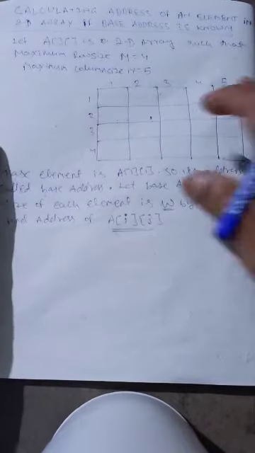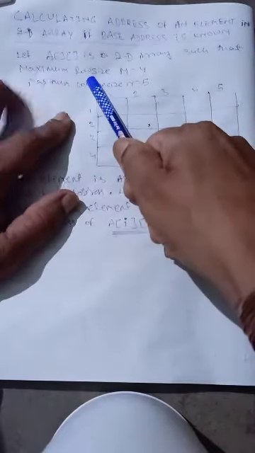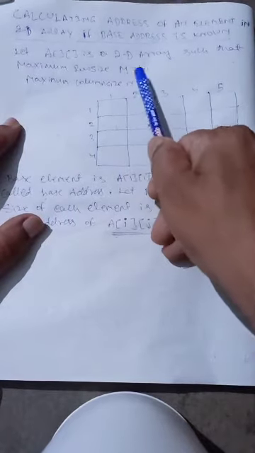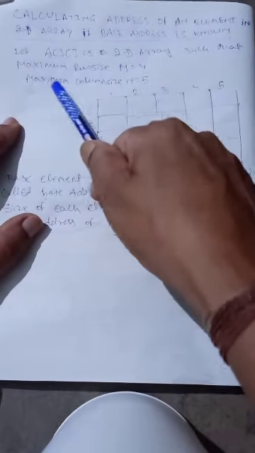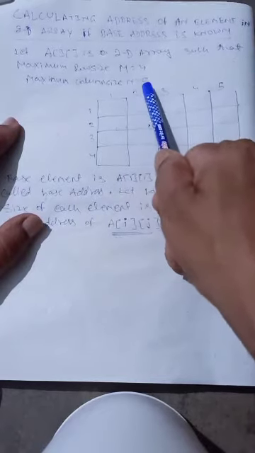Now suppose we have an array known as A. It is a two-dimensional array. The maximum row size is m. Let us assume m equals 4 and the maximum column size n equals 5.